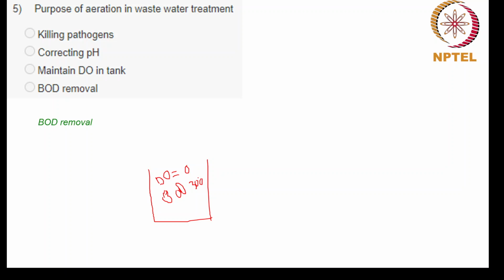However we aerate, whatever we do, the DO will not increase because the BOD is already 300. So if we are aerating it for, let's say, 1 hour, what will be the condition? DO will be 0, and BOD will be 250.